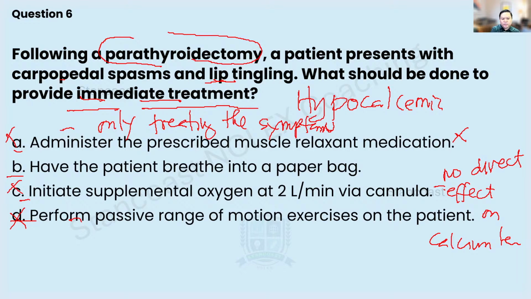Are you wondering why B is the correct answer? Have the patient breathe into a paper bag. This is only an immediate treatment. What's the rationale about having the patient breathe into a paper bag?